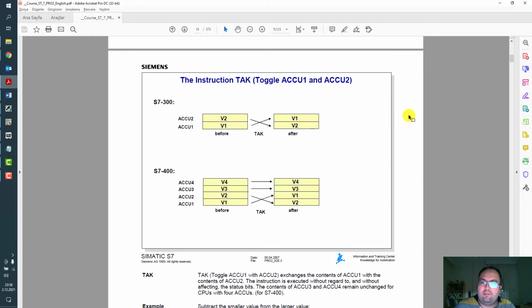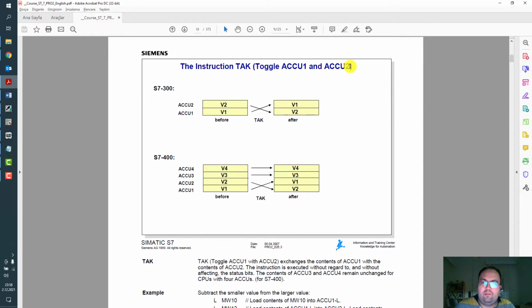With the instruction toggle accumulator, you will see an example. For STEP 7 300 and 400 it is different because there are 4 accumulators. Before the command, variable 1 and variable 2 exchange after the toggle command, accumulator 1 and 2.